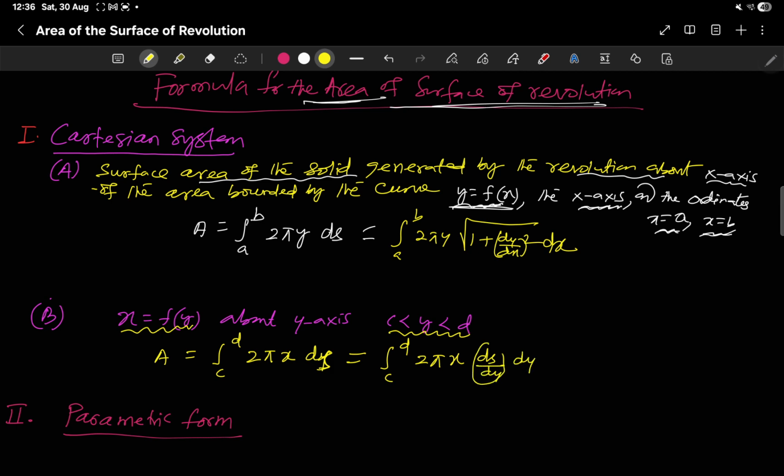Now we substitute the formula for this. So it is the integral from c to d of 2 pi x times the square root of 1 plus (dx by dy) whole square dy.